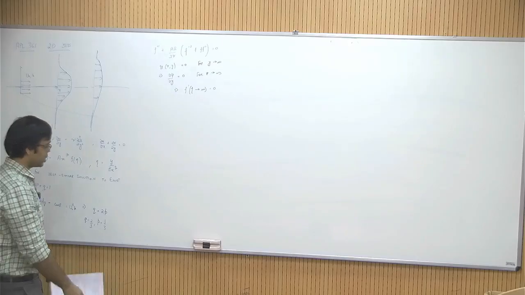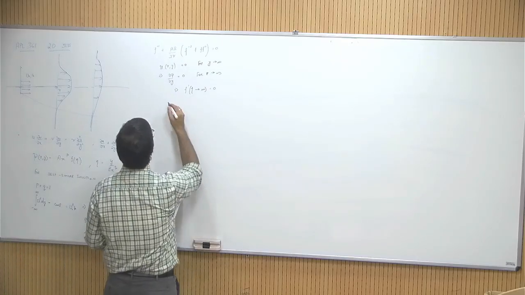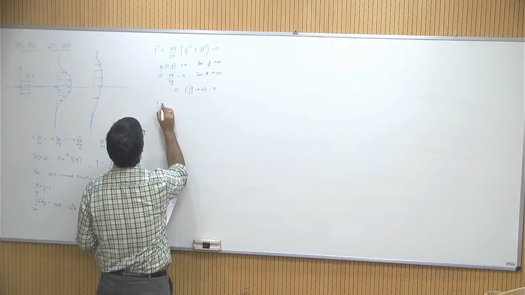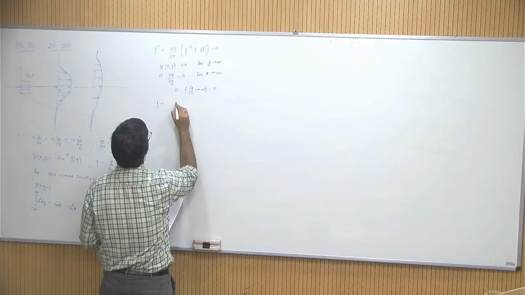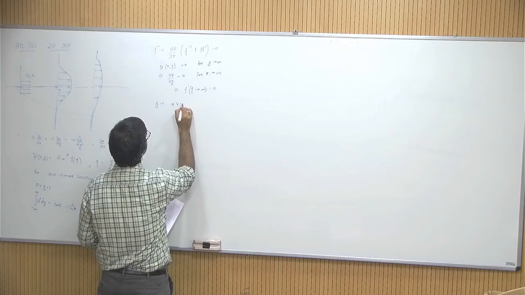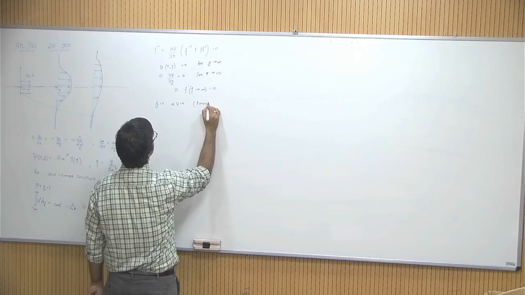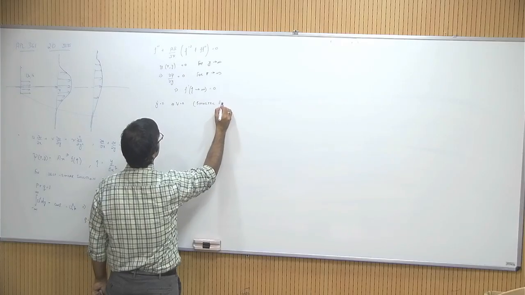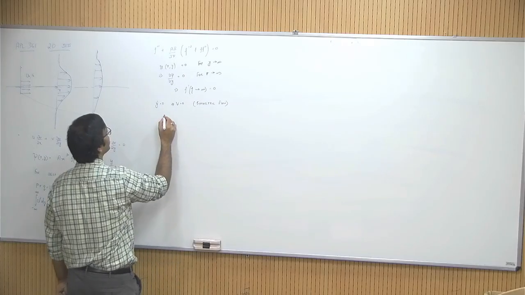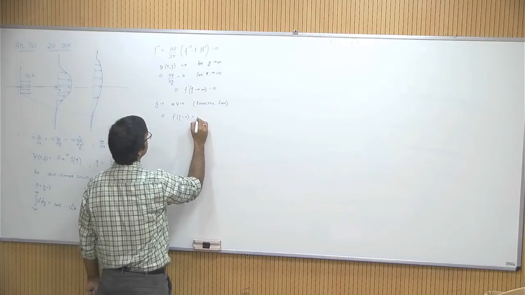Okay, this was our first boundary condition, and then we said that at eta equals 0, or y equal to 0, you have v equal to 0 due to symmetric flow. Okay, and so from here we said that f at eta equals 0 is also 0.